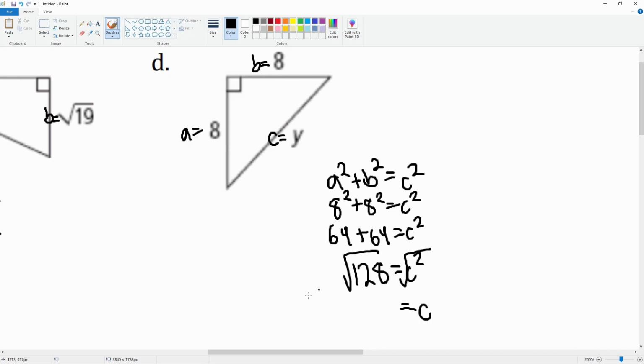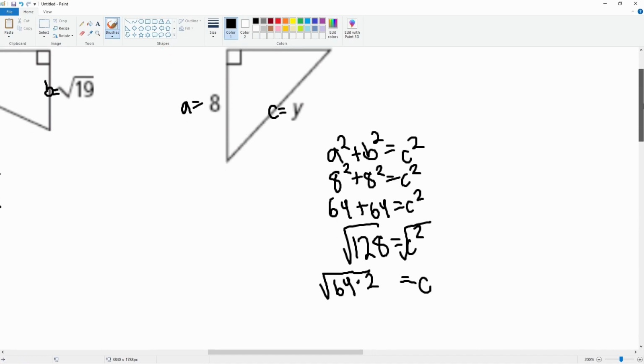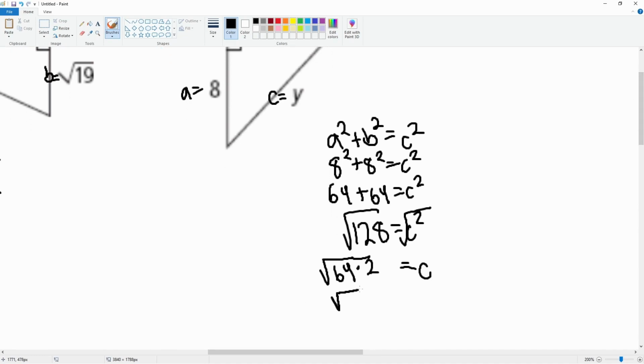Yeah, 64. So this is square root of 64 times 2, and they can go into their own separate radicals. So radical 64 times radical 2 equals c. Radical 64 becomes 8. Bring down that radical 2, that is equal to c.